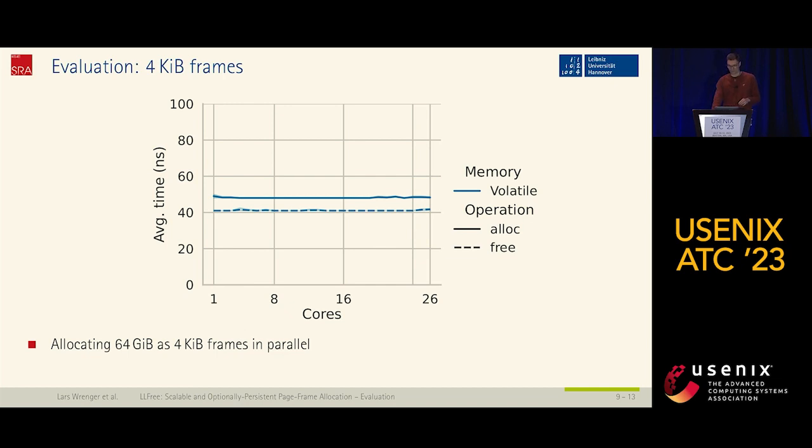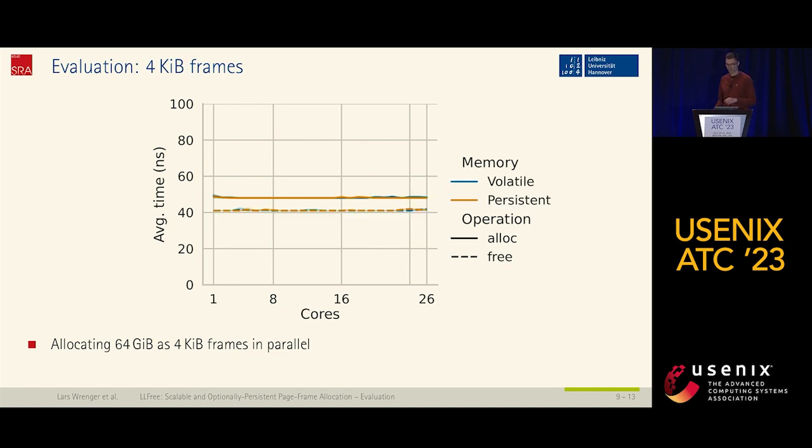And this is especially impressive if we also look at the performance of the allocator on persistent memory. Here in this benchmark, we have used second generation Intel Optane memory, and the performance is exactly the same as for DRAM, and this can be attributed to our cache-friendly data structures.